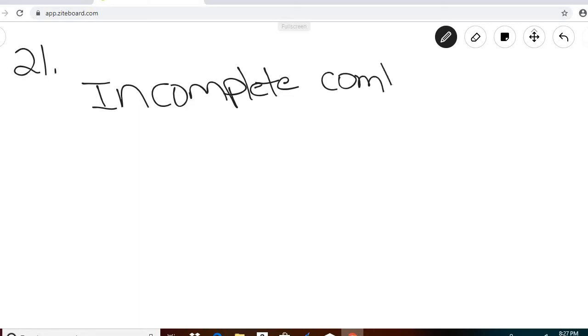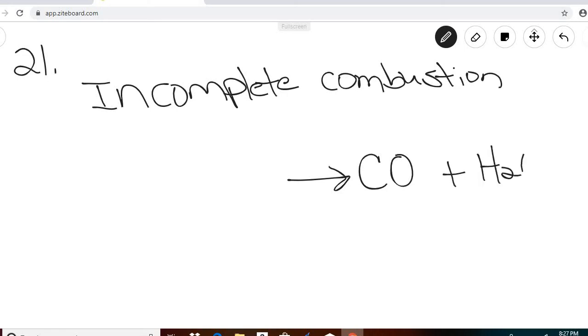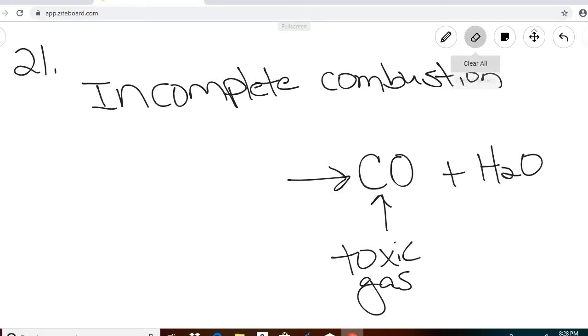And remember that with incomplete combustion, the products that form are carbon monoxide and water. So this carbon monoxide is what you would need to be concerned about because that is a toxic gas. With complete combustion, you form carbon dioxide. With incomplete combustion, you will form the poisonous gas, carbon monoxide.